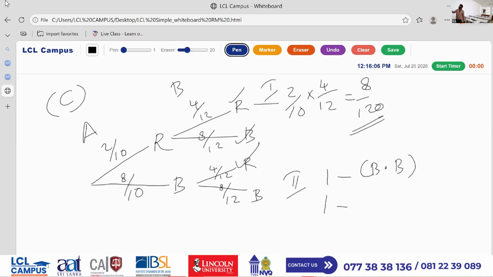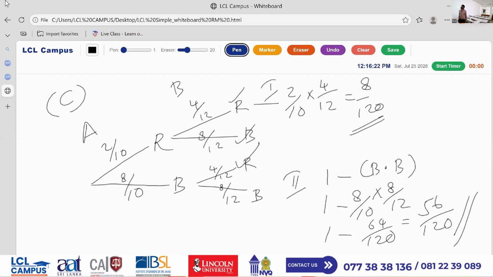1 minus BB means 1 minus 8 over 10 times 8 over 12. That means 1 minus 64 over 120, which is 56 over 120. So it is easy, huh?